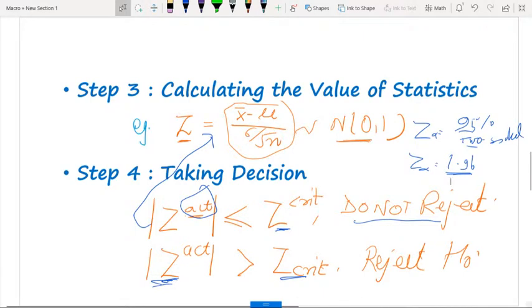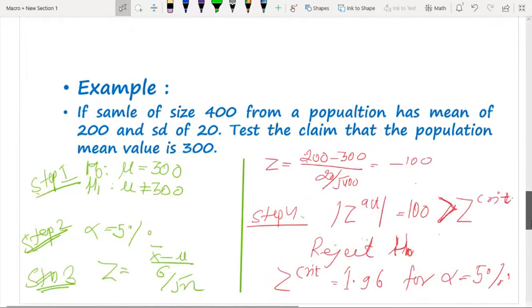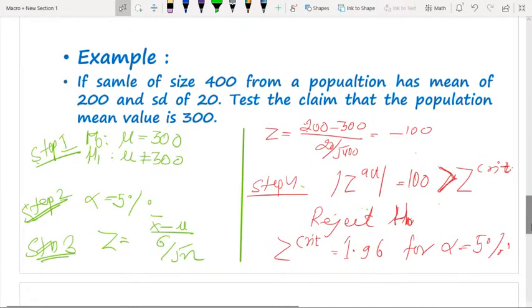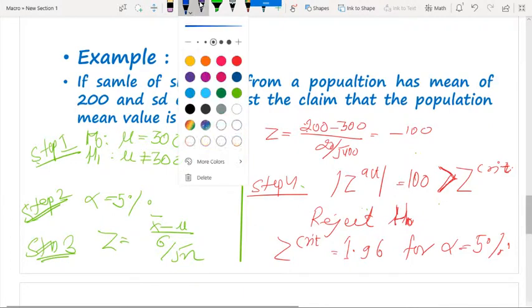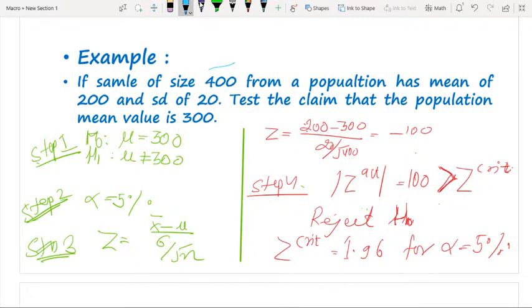So we can illustrate the procedure of hypothesis testing with an example. Suppose that we have drawn a random sample of size 400 from a population and the sample has a mean of 200 and a standard deviation of 20.